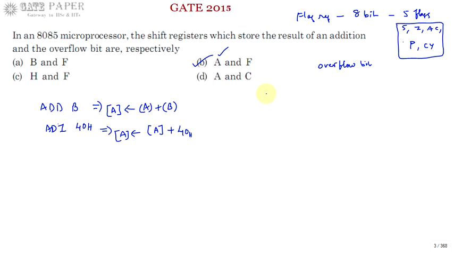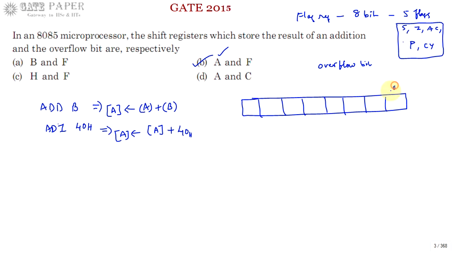If you check the flag register contents, it has 8 bits of information, numbered 0 to 7. The 0th bit is the carry bit, and the second bit is the parity bit.